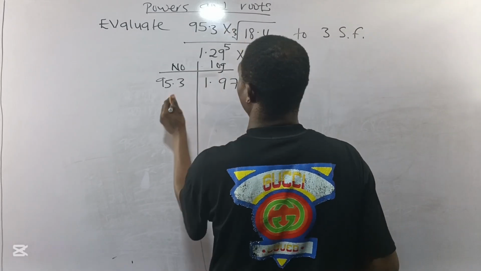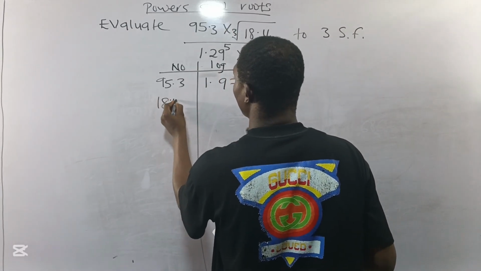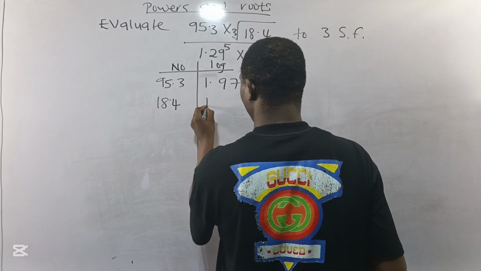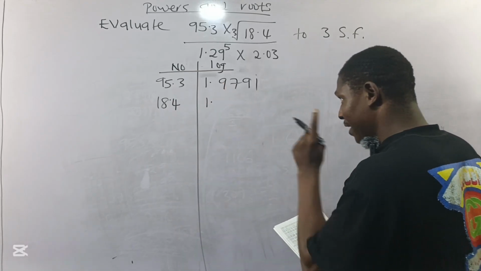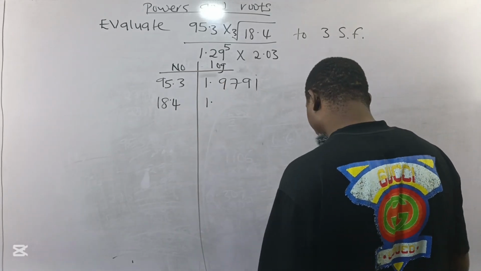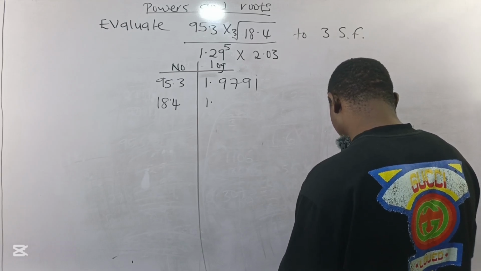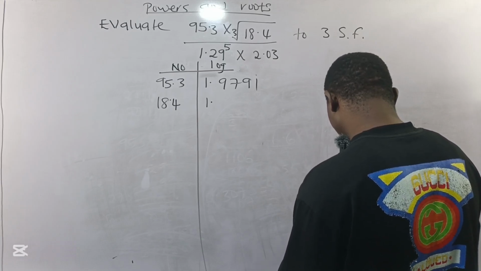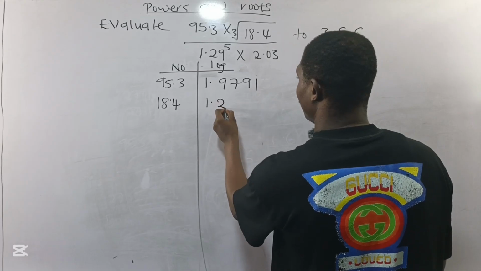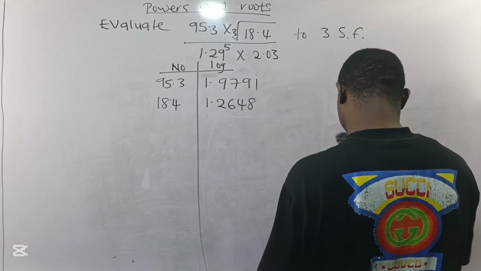And we have that of 18.4. 18.4 will give me characteristic 1. 18 under 4 is 2648.